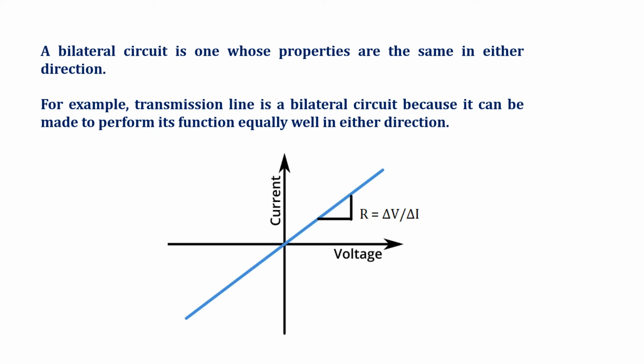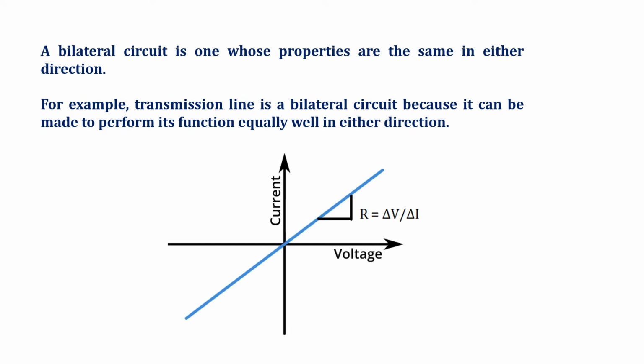Next, we will see a simple example of superposition theorem. Now we understood what a linear circuit is and what a bilateral circuit is. And one more thing is written in the fourth statement, which says superposition theorem is not applicable for passive elements. It is a wrong statement. Actually the superposition theorem is applicable for passive elements.